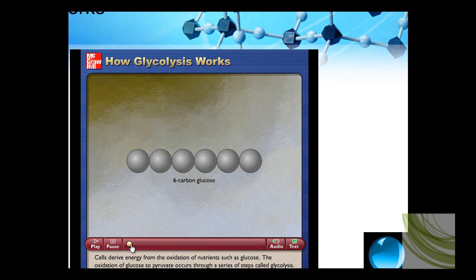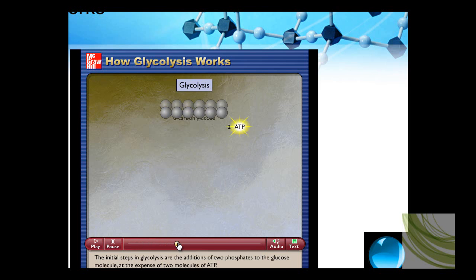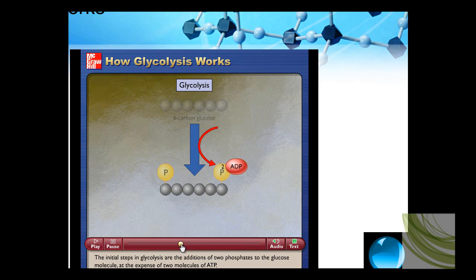It's really quite simple. What you have, you start with your glucose, right? C6H12O6. And the first thing that happens to the glucose is you spend 2 ATP to start the ball rolling. ATP are energy molecules. So you spend 2, and it will split this into 2 molecules that are phosphated.